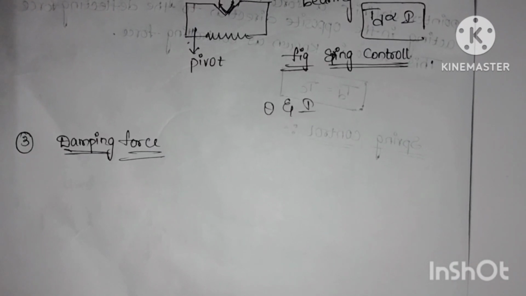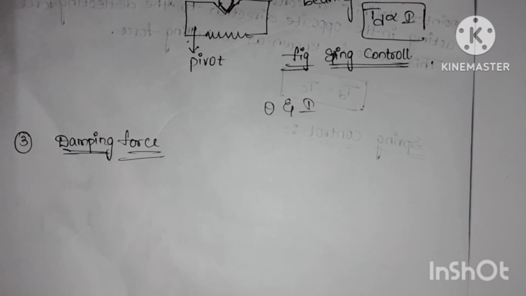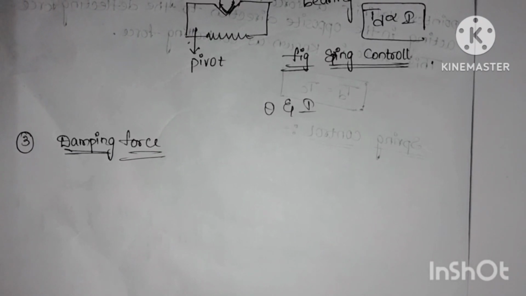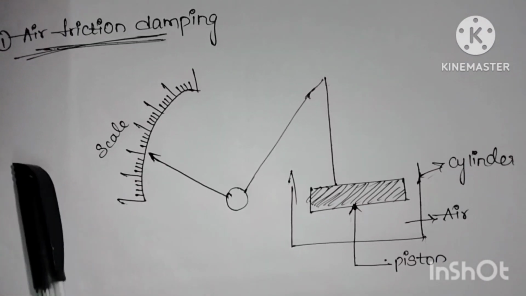This force is produced by different systems: air friction damping, fluid friction damping, and eddy current damping. Here only two types of damping are discussed: air friction damping and eddy current damping. Coming to air friction damping.